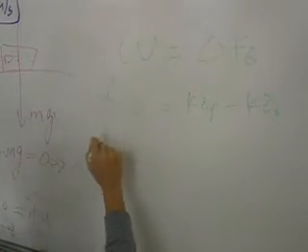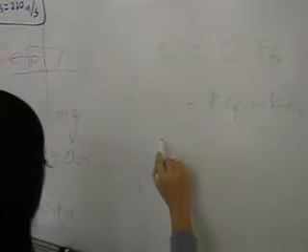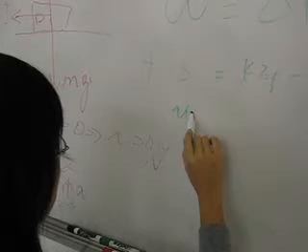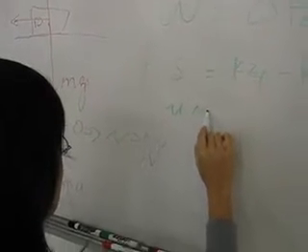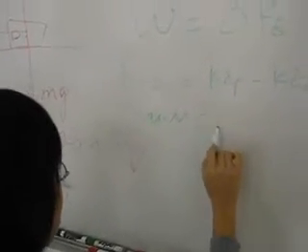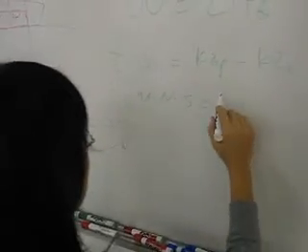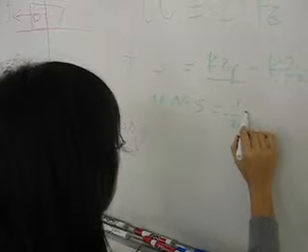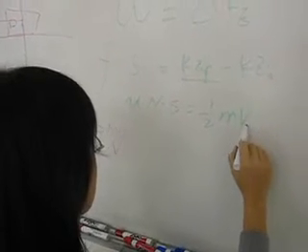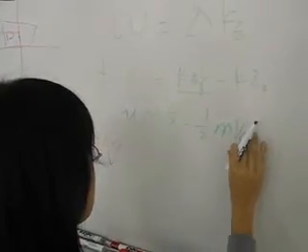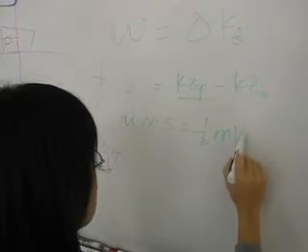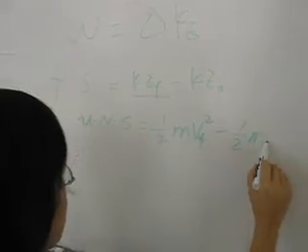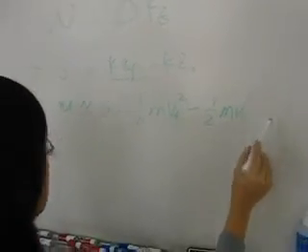So we know the friction equals mu times N times s, and that equals 1/2 m v final squared minus 1/2 m v initial squared.